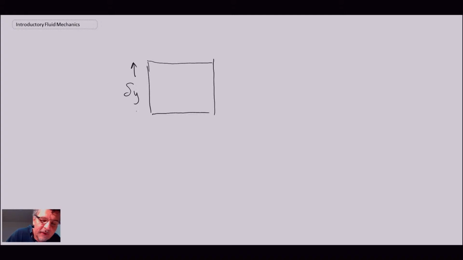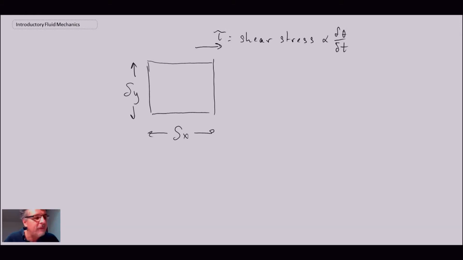This chunk of fluid is delta y in the vertical, and it is delta x in the horizontal. Then we're going to assume that up here we're applying a shear stress, and that shear stress is going to be shown to be proportional to the deformation rate of the fluid itself. We'll derive an equation for that.